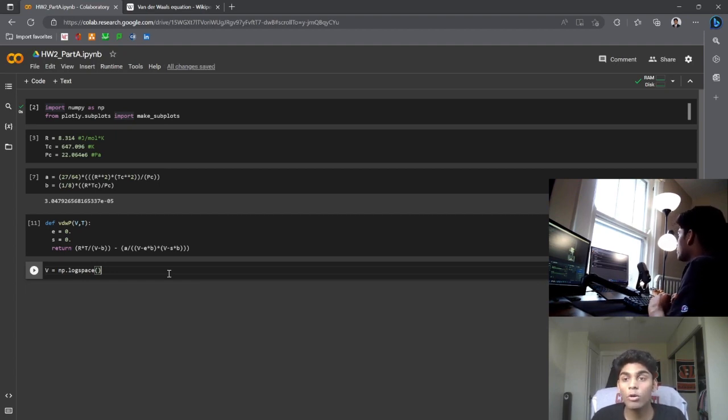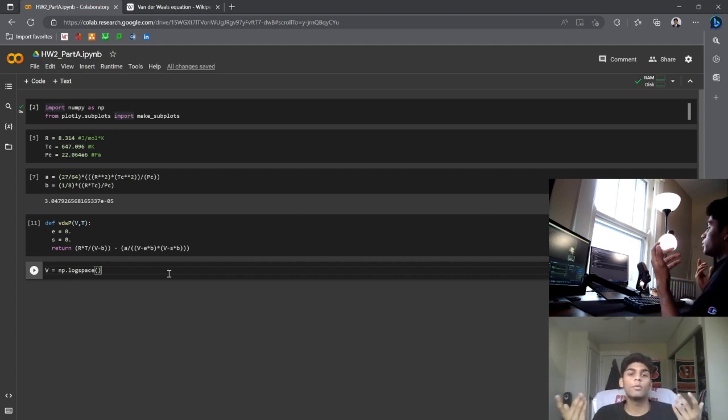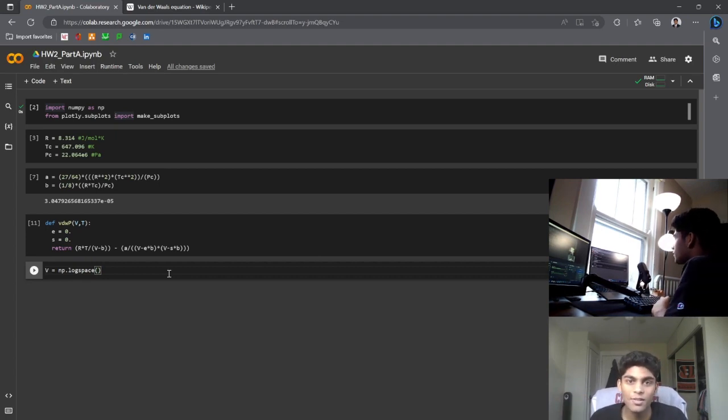This could be orders and orders of magnitude. So if we did a linear space, we probably wouldn't be able to see anything, and it would just be a whole mumbo jumbo of things. It just wouldn't make sense to graph it in a linear space. So we're going to use a logarithmic space for our volume.